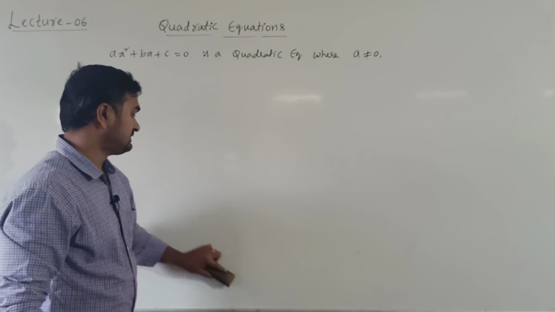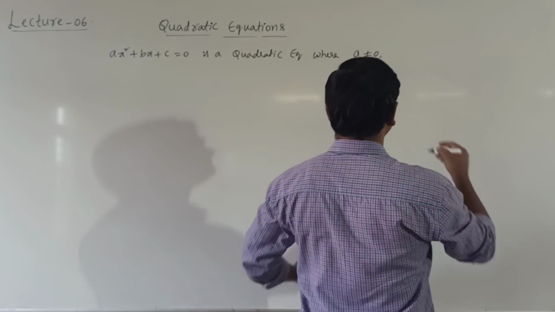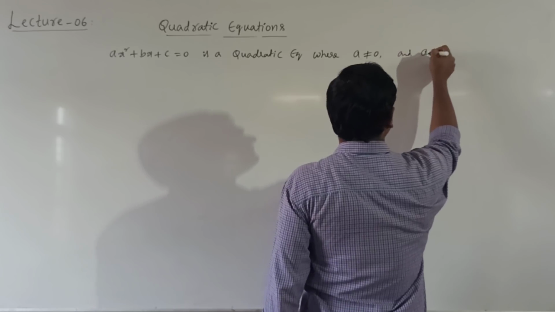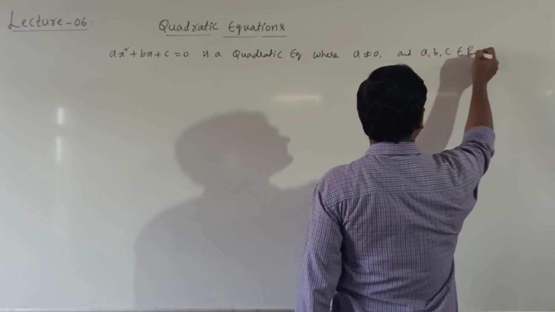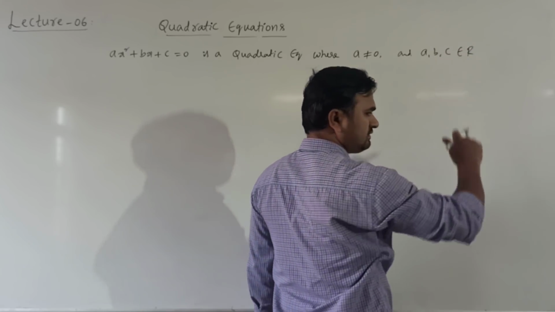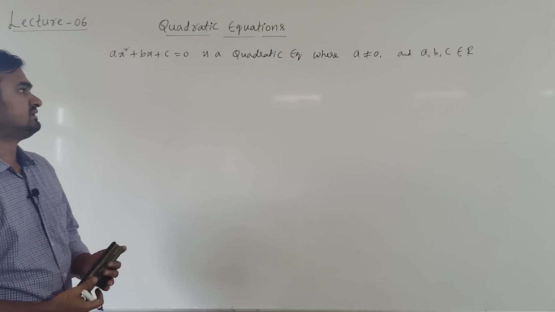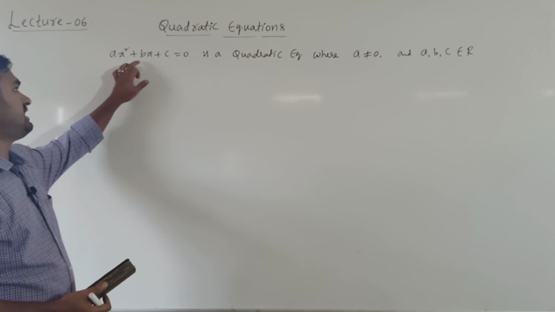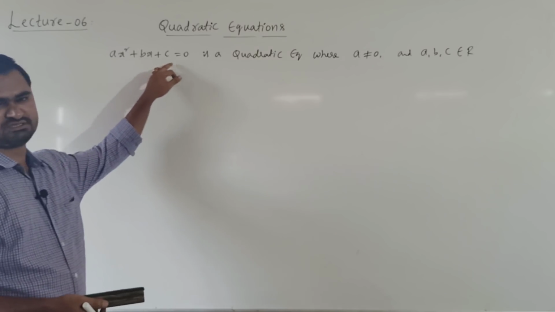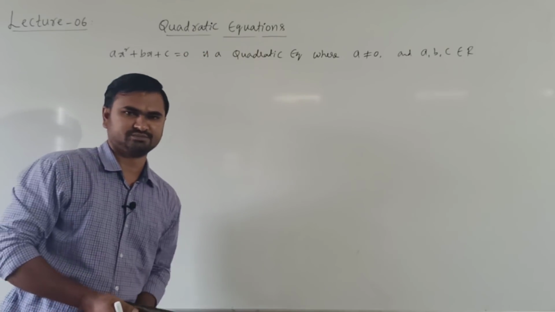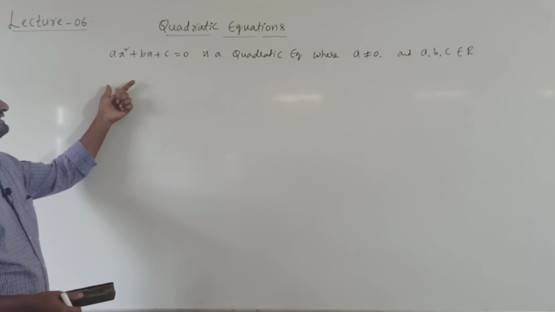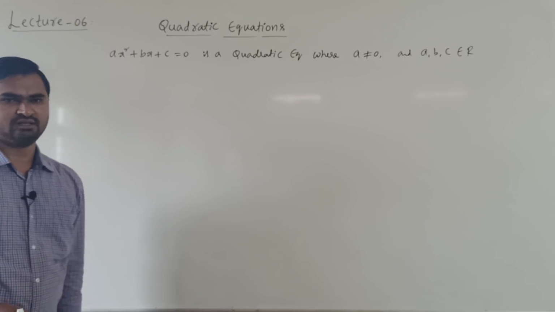So a is not equal to 0, and a, b, c belong to real numbers, or they may be complex also. Usually we take real numbers. The coefficients or constants a, b, c should be real numbers, or we can take them as complex numbers. Then only does this equation represent a quadratic equation.